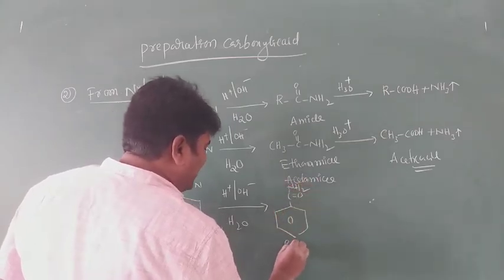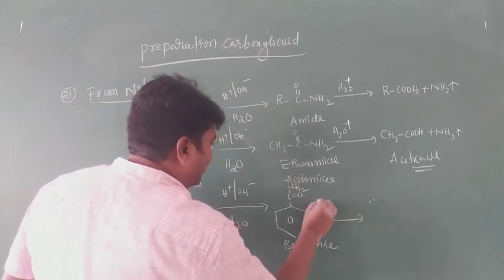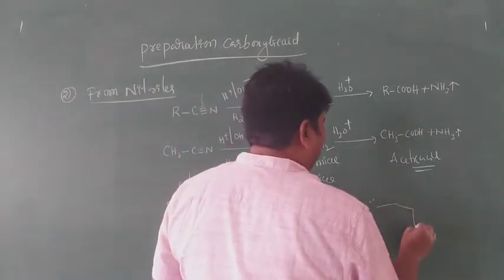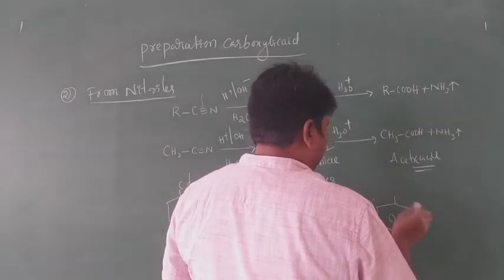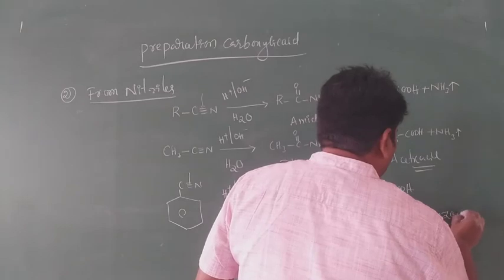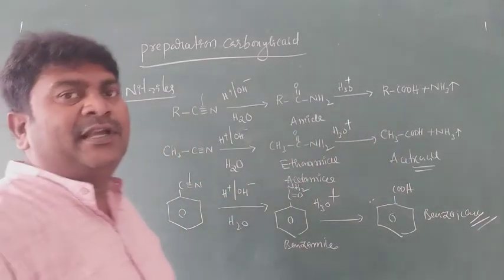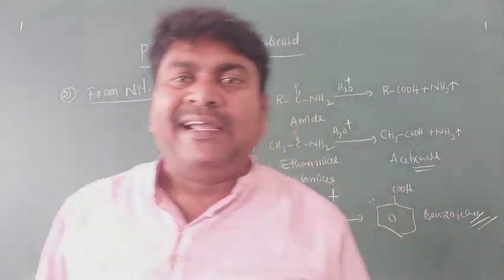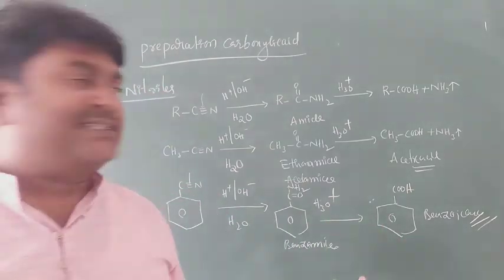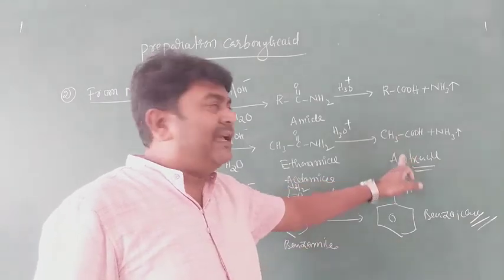It is a benzamide. Again on hydrolysis, you will get benzoic acid, COOH. What is the specialization here? From nitriles, you will get both aliphatic acids as well as aromatic acids. Benzoic acid is the example of an aromatic acid, and the other is an aliphatic acid.